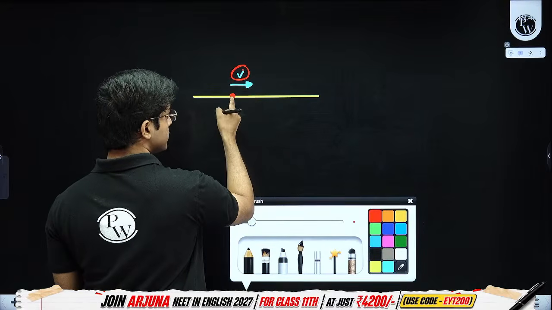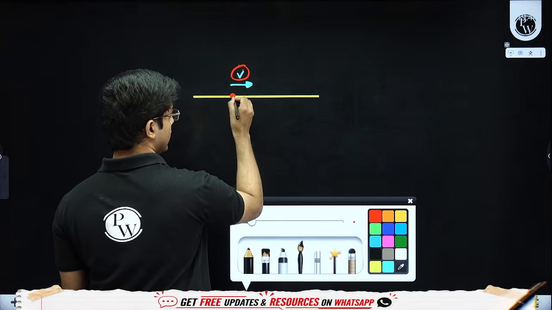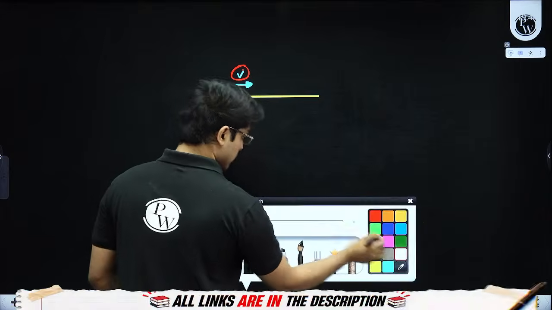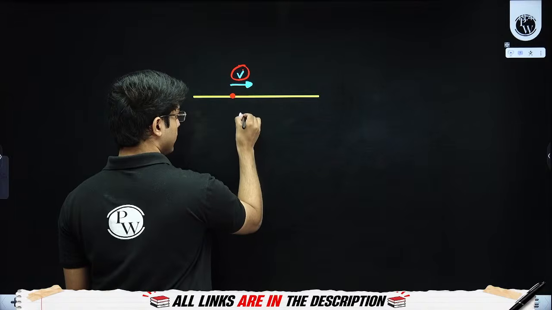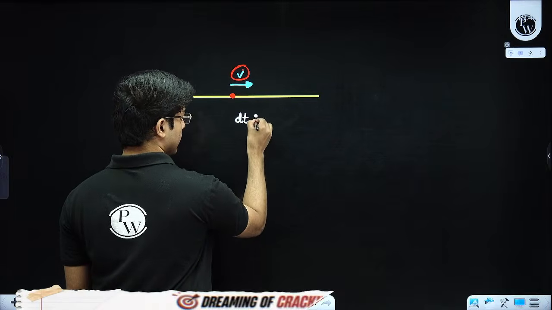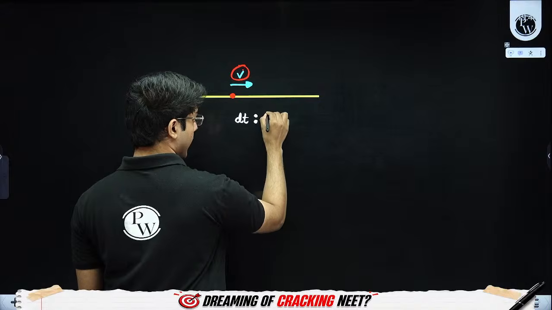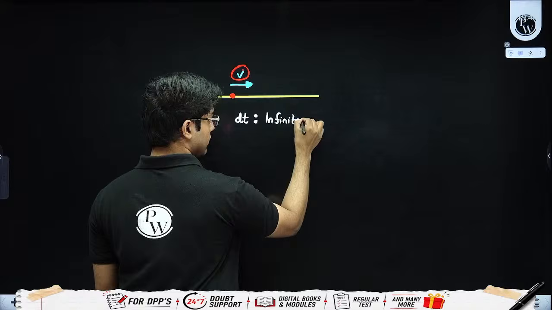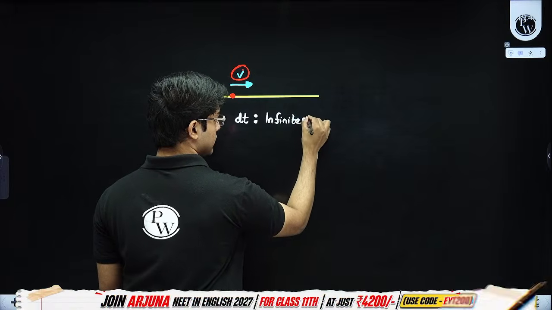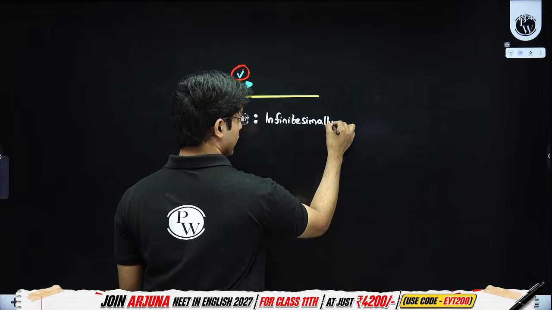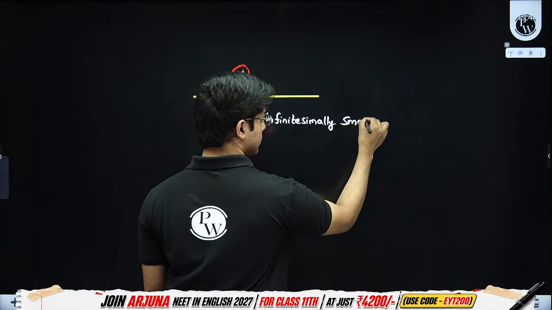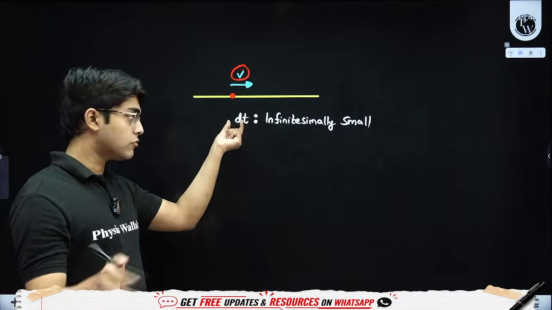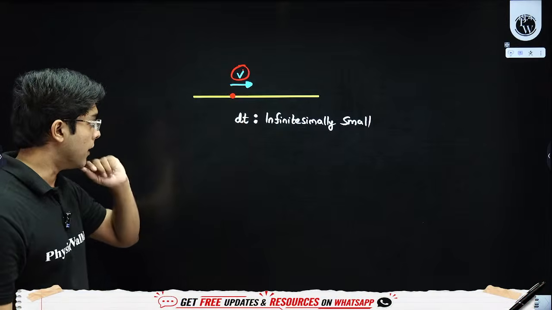What we do is we observe for a very small time interval, and that very small time interval we give the name dt. In maths, it is defined as infinitesimally small, which means it is a very small quantity, as small as you can imagine.